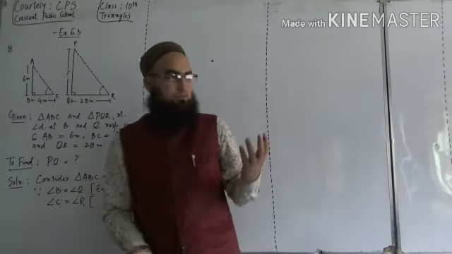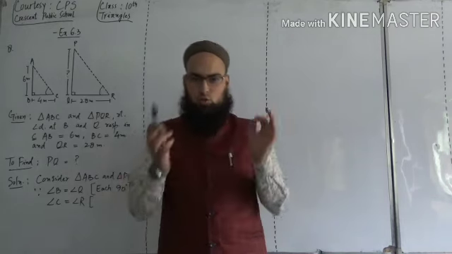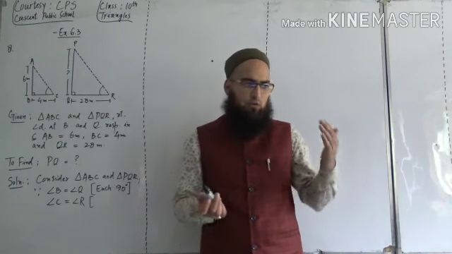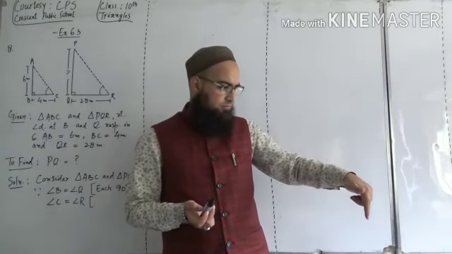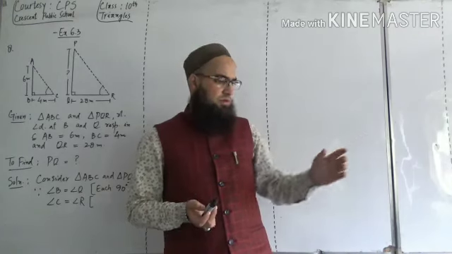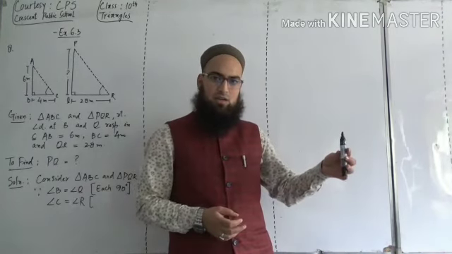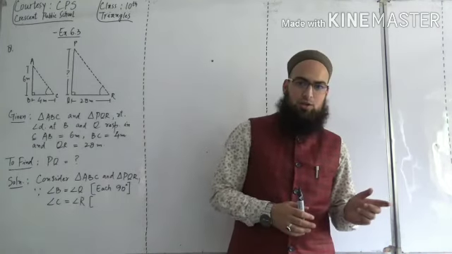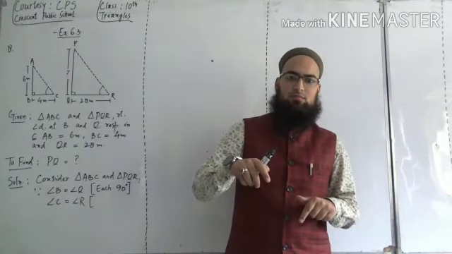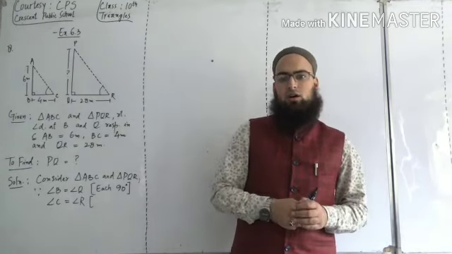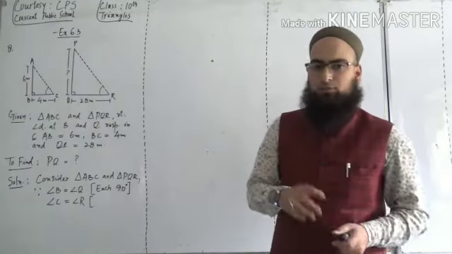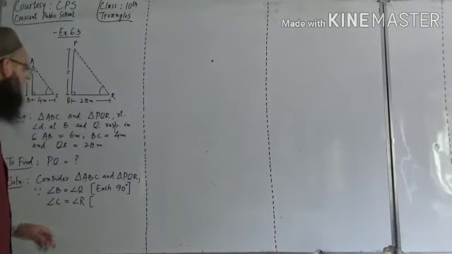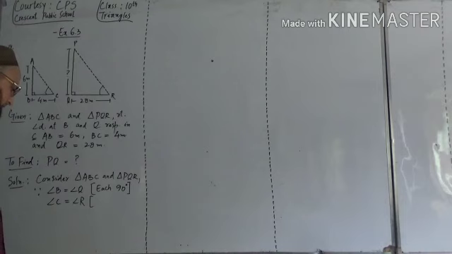So for example, if you take two objects of different height, and keep them vertically on the ground, and observe the shadow formation by the sun at the same time, it will be exactly equal to each other, got it? So angle C is equal to angle R.